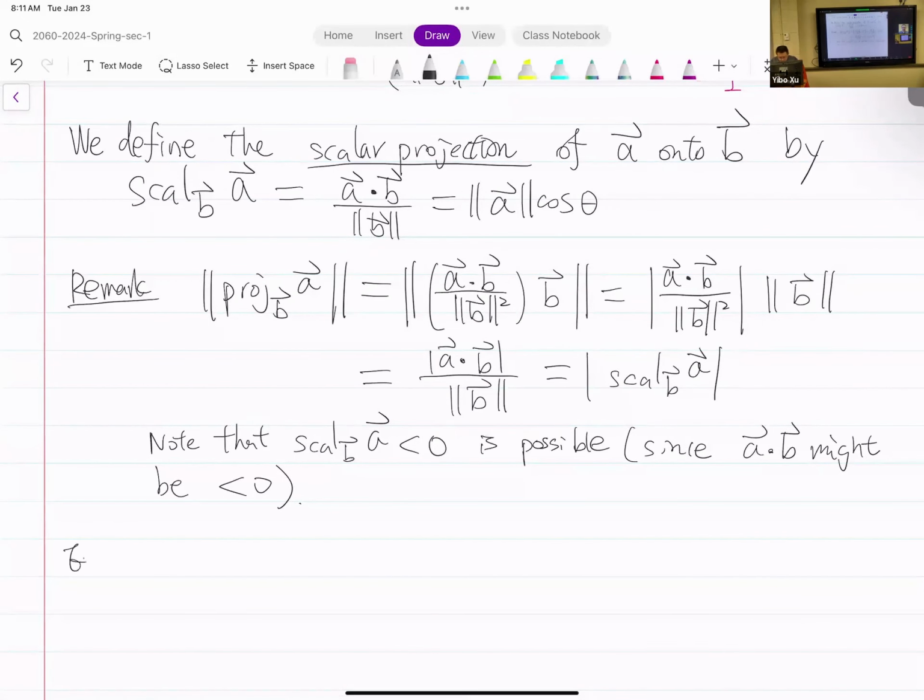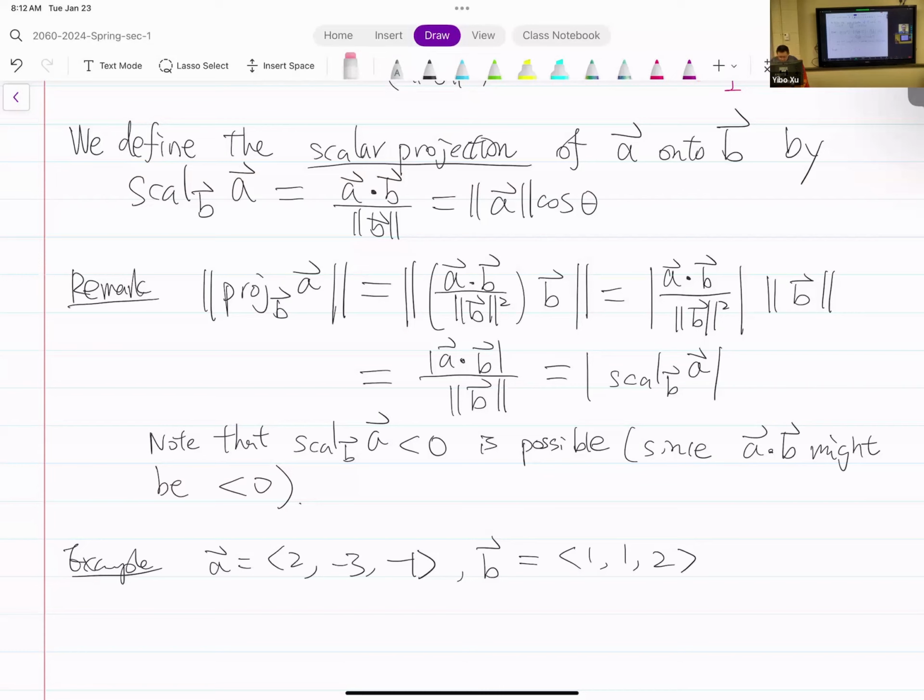Okay, so an example. Let's look at the vector A, which is (2, -3, -1), and vector B is (1, 1, 2). Given the two vectors, we're able to compute these quantities.